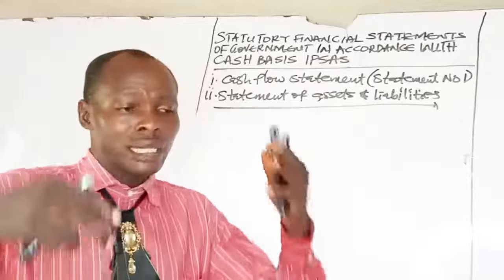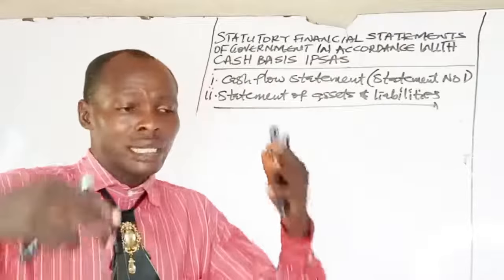Then we also have cash balance with federal pay offices, 2024, 2023 as comparative figure.